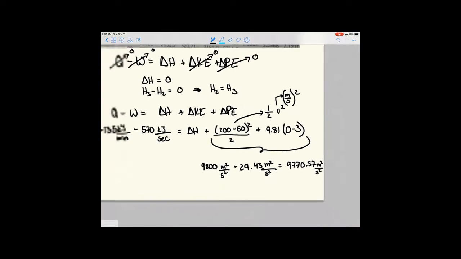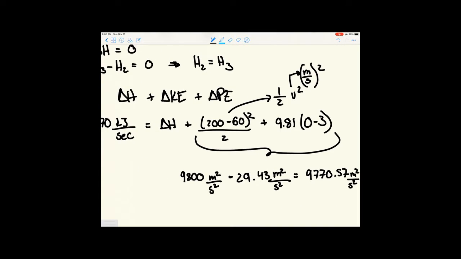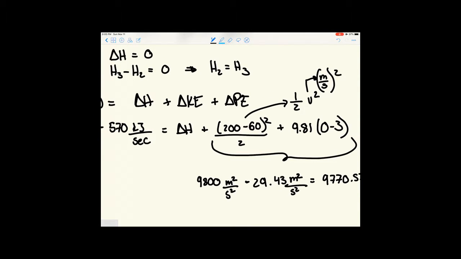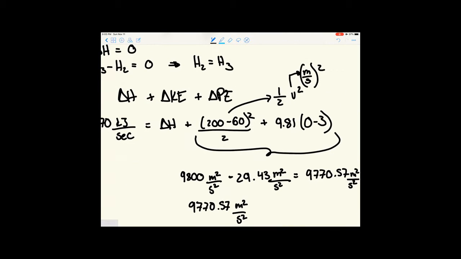Since these are not units that we're comfortable working in, we will be using a conversion factor. That conversion factor is 9,770.57 meters squared per second squared over 1 GC.